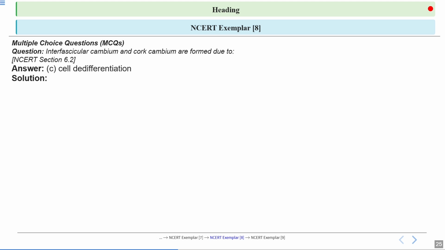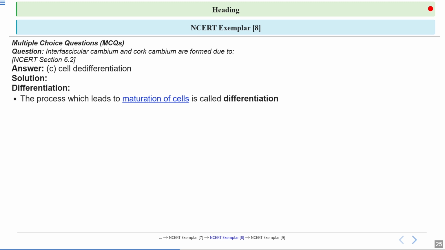Now, how is it? Let us see. First of all, differentiation. What is the meaning of differentiation? Because one of the options was differentiation also. The process which leads to the maturation of cells is called differentiation. After meristematic activity, new cells are formed.